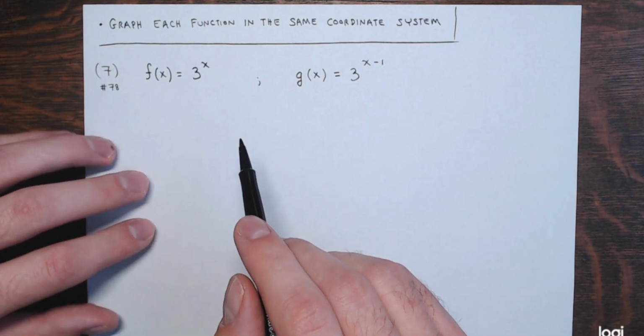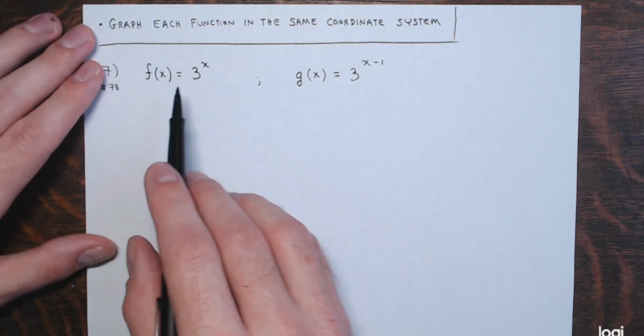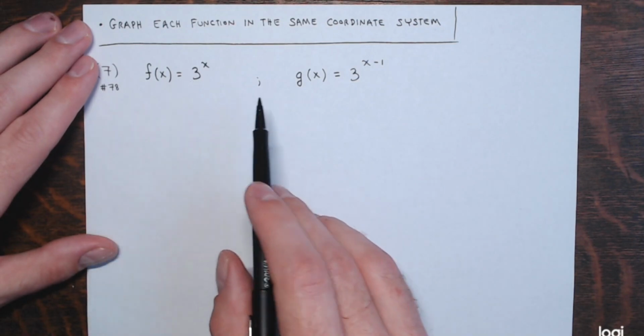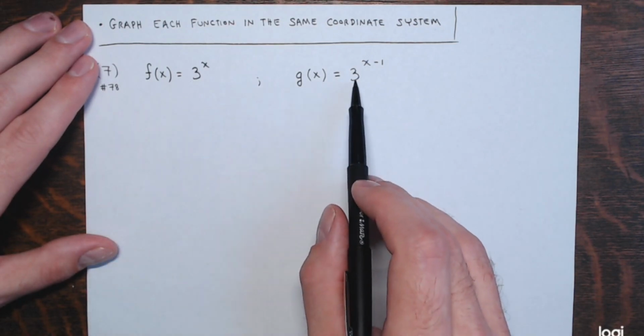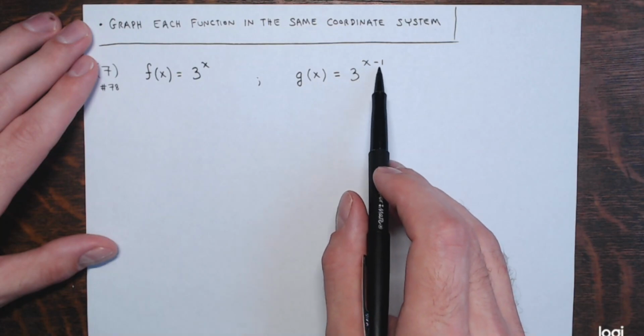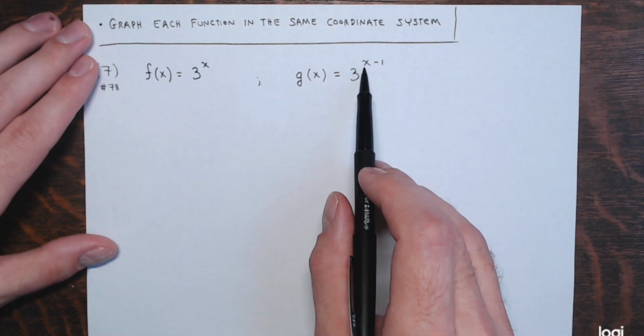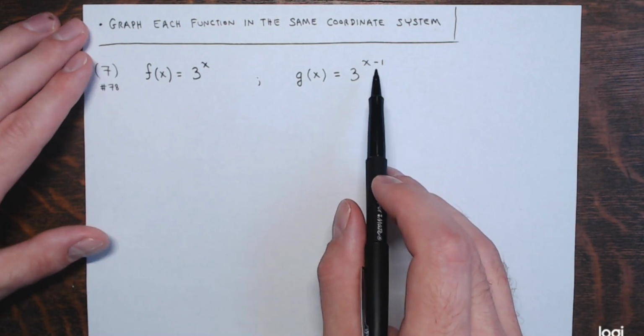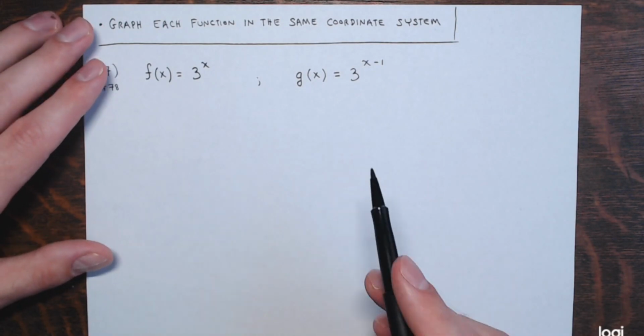So we have f of x equals 3 to the x. I'll do that in red. And g of x equals 3 to the x minus 1. See, the power is not just x anymore. It's x minus 1. And we'll see what happens to the graph.